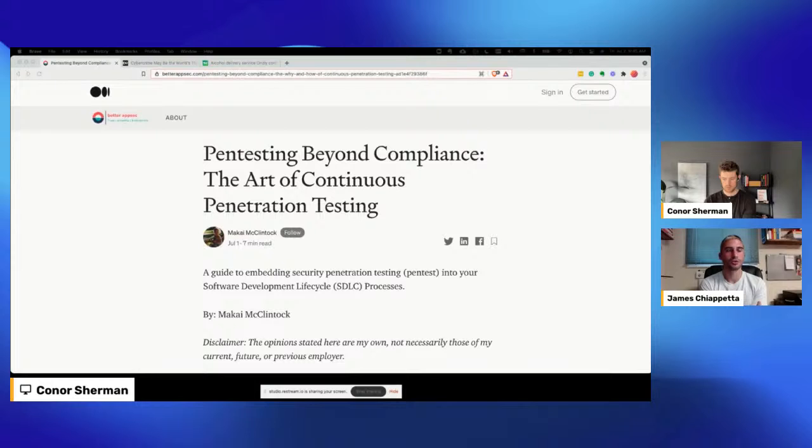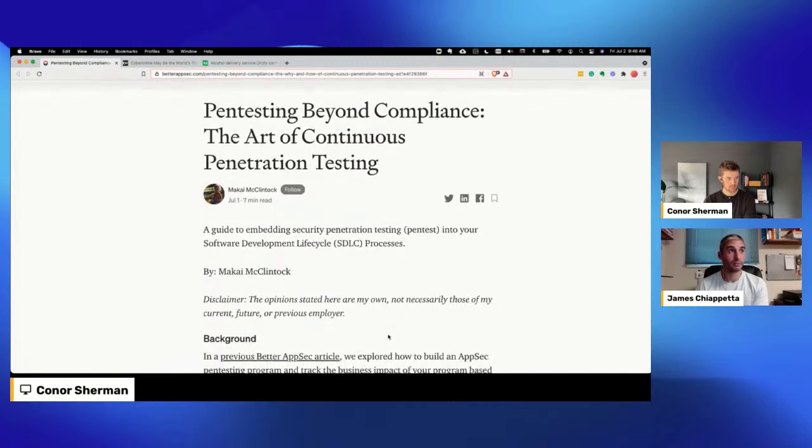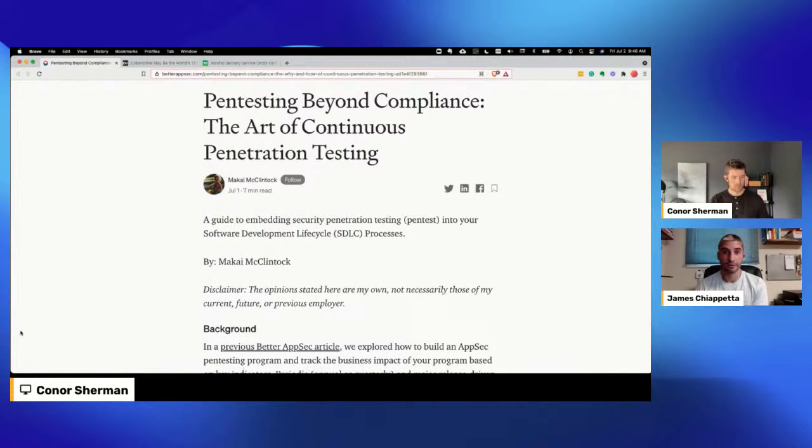I think some of the strategies he's outlined here, in order to get there, are a great starting point for folks out there that are more mature. Not starting pen testing from scratch per se, but, okay, I have some compliance requirement that requires me to do pen testing once a year, but I see the value here and I want to take that to the next level.